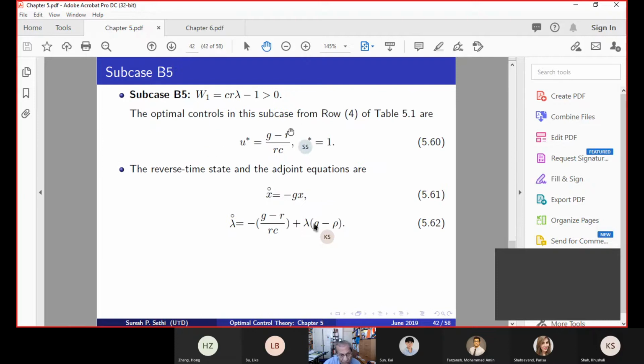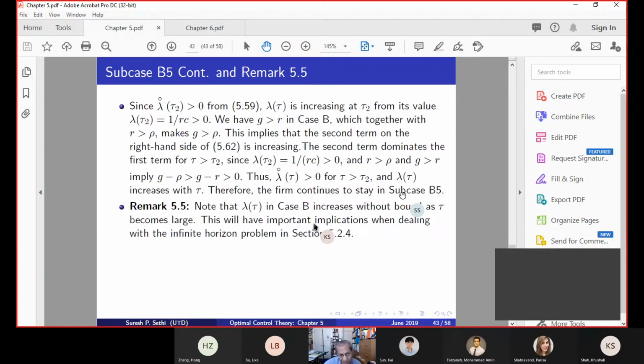And now I want to analyze B5. B5 is this case. And we have an X circle which is growing as GX and lambda circle going in this way. This is very similar to the case that we had before in some way. So we can show that this will continue to remain.